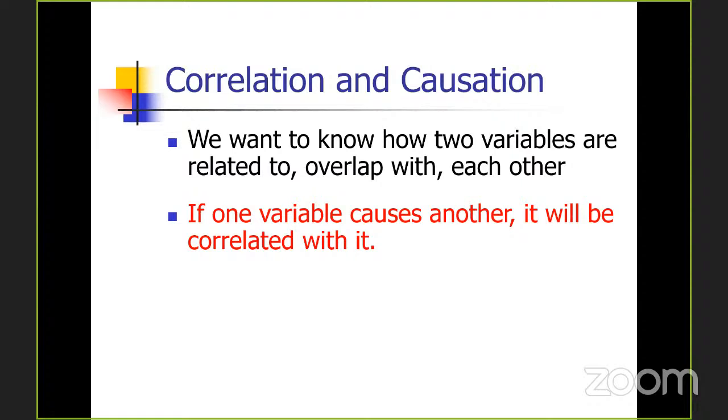Can anybody tell me what is the type of research that we use to establish causation or proof? Anybody in the class remember? I actually talked about this already. Experimental research. Exactly, experimental research.